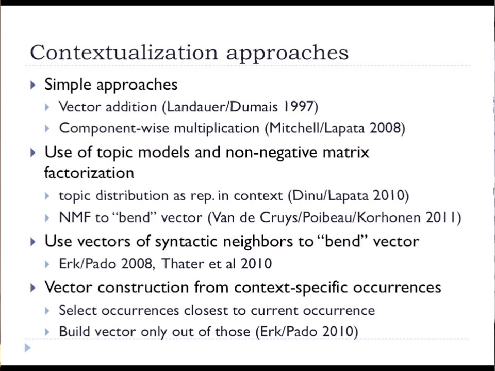There are also approaches that use topic models and similarly non-negative matrix factorization. So you do a topic distribution over all contexts, and then you compute the probability of each topic given your target word and given the current sentence context.